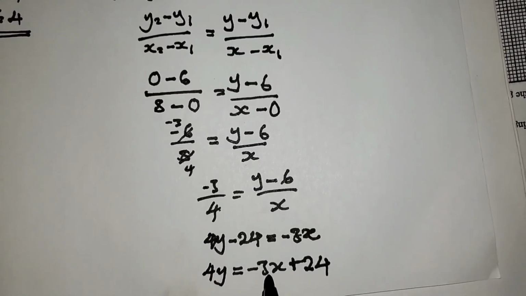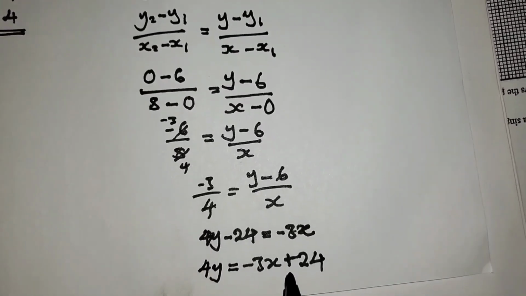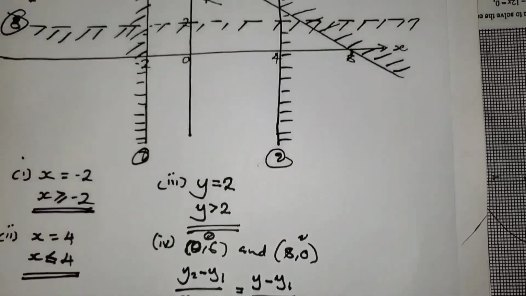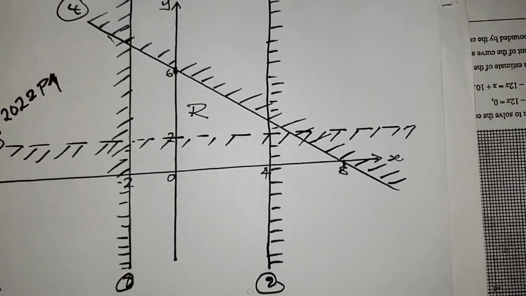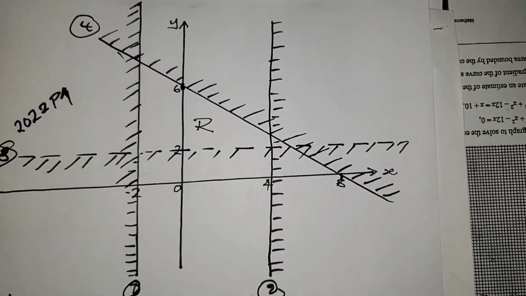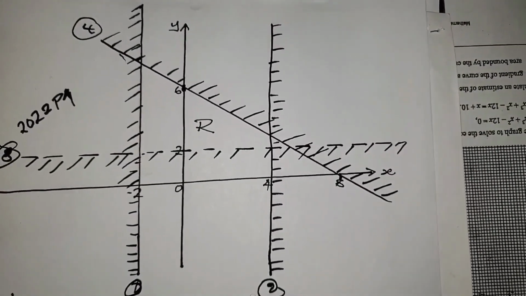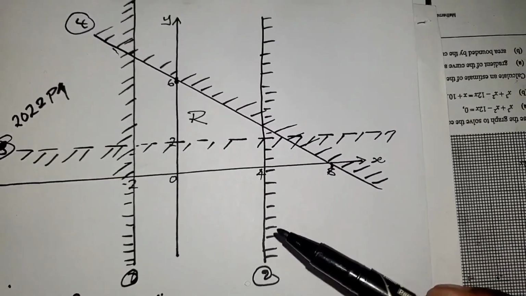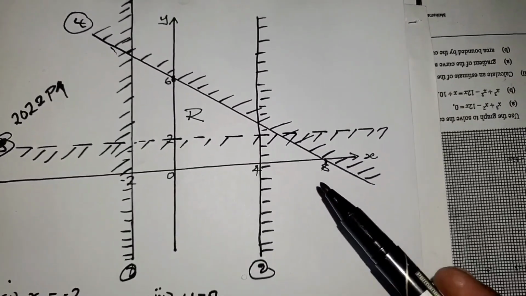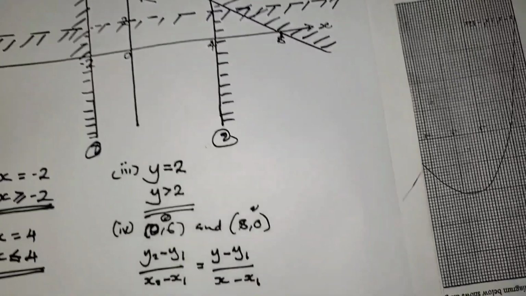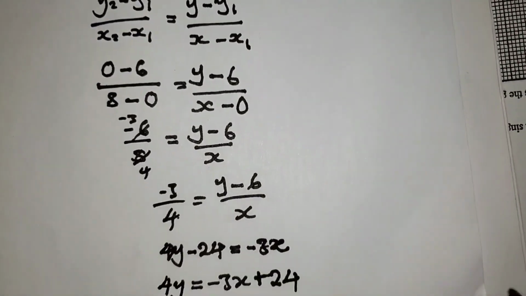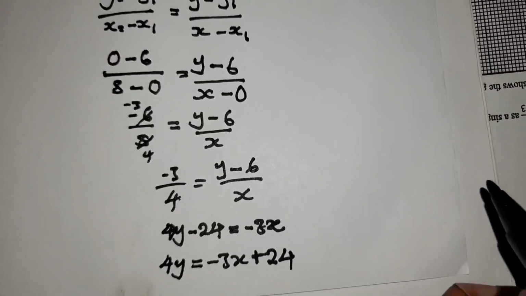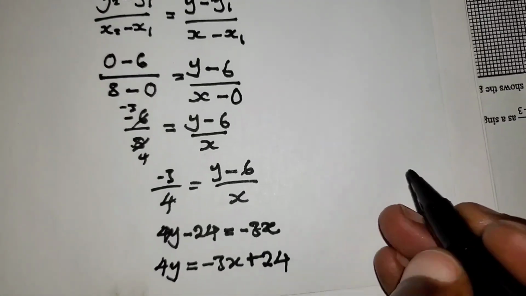Now, this is not the final answer because this is an equation. We need to come up with an inequality. So we check the shading. The shading is on the greater than part, this side. Then the wanted region is on the less than part, and it's a solid line, so it will be less than or equal to. Now, this one, the way it is, can also be written as this.